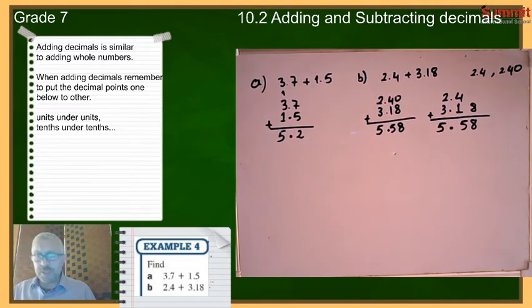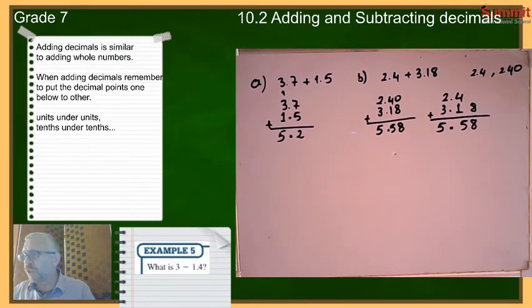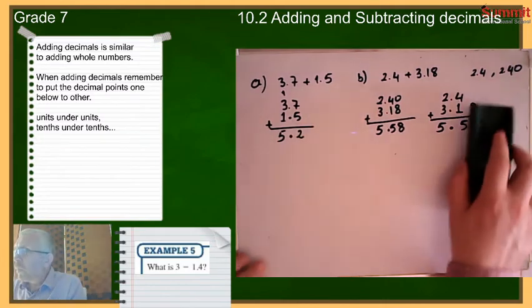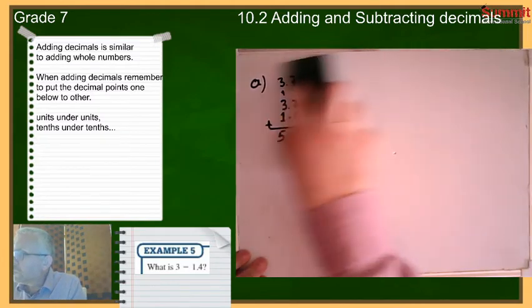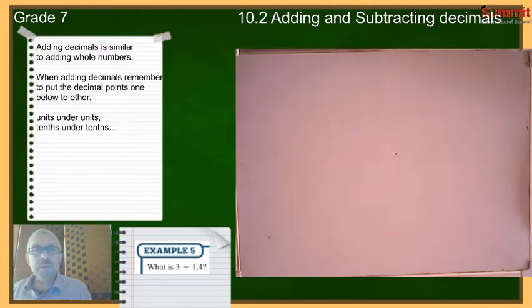Now, how will we do the subtraction? For the subtraction also we are going to use the same procedure. We are not going to change anything. Now for this, let's solve an example with subtraction. What we have here?